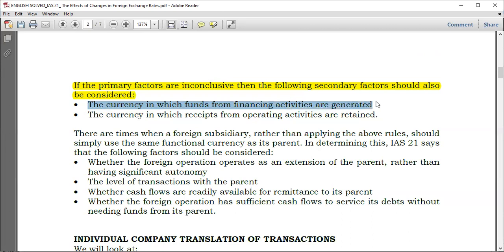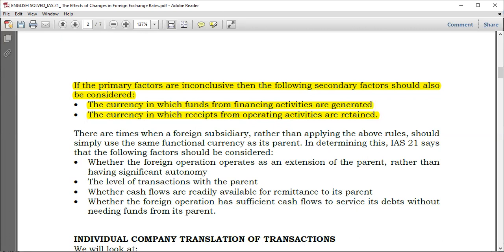Just take a look, maybe the guys who are financing come from the US, and so you could consider US dollars to be the functional currency, so that there will be no need to convert them again. Maybe the currency in which the receipts from operating activities are retained. You may be selling goods and you receive them in US dollars, but you convert them directly to Nigerian nairas. And so the Nigerian naira should be the functional currency. All right, and that's how we determine that currency.